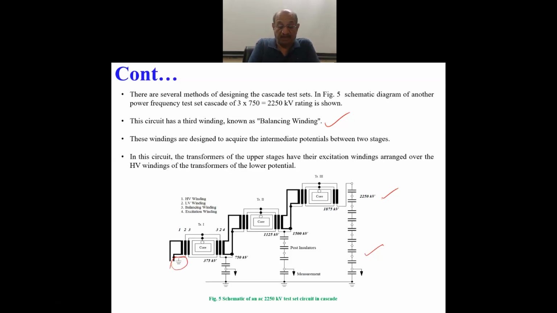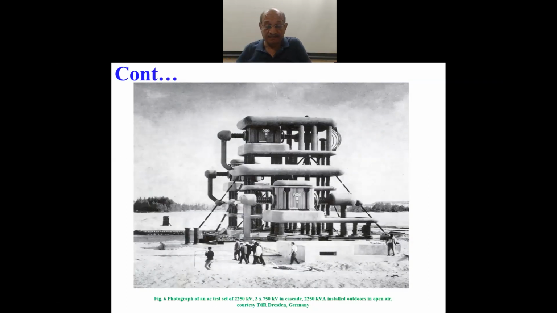Even the container acquires the high potential, so everything is lifted up above the ground. The most interesting figure you would find is this, like a huge block, as you can see here.